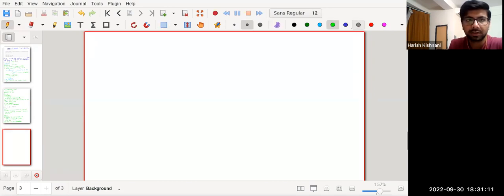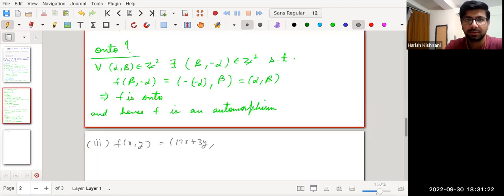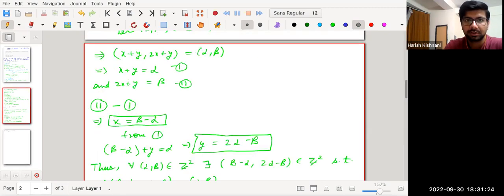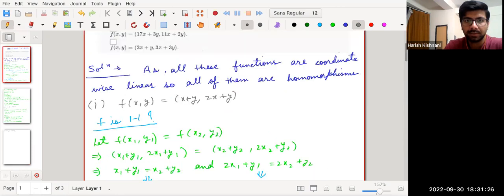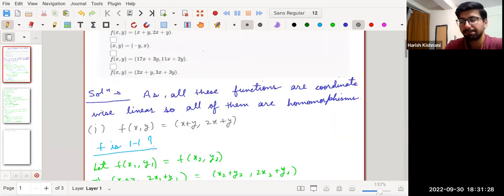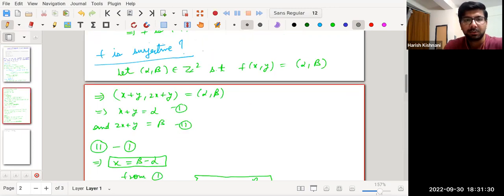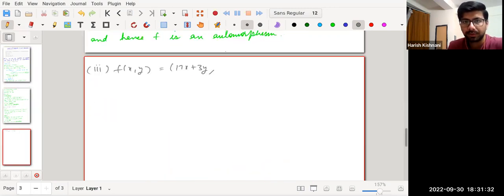Here you have the third option, f of (x,y) to be (17x plus 3y, 11x plus 2y).